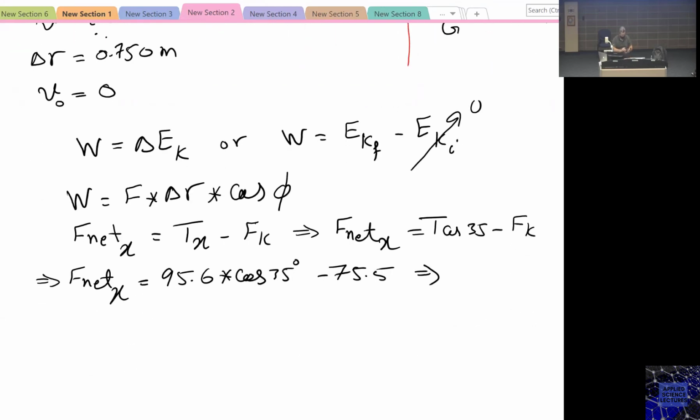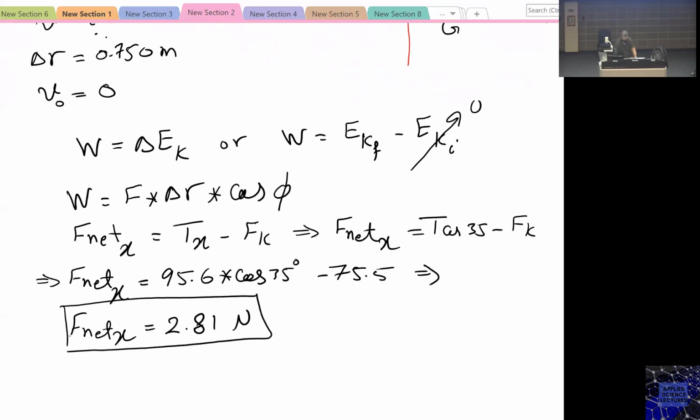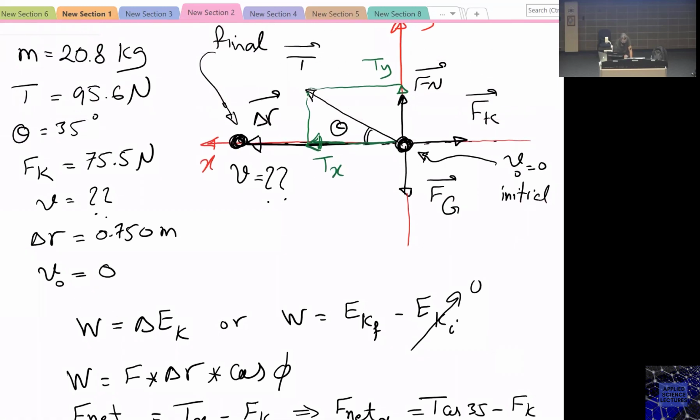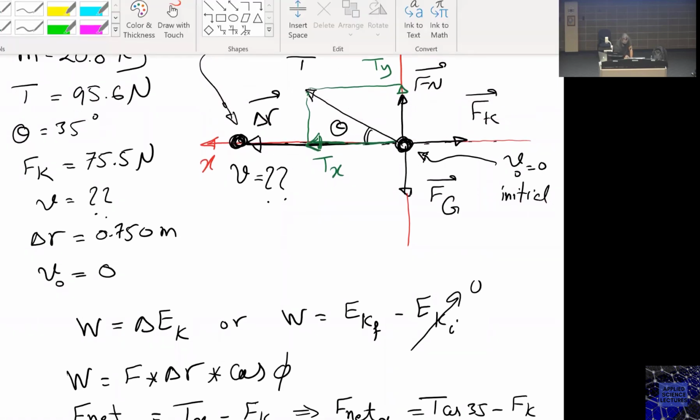Then F net x is 2.81 Newton. So if I go back here, I'll try to draw this.